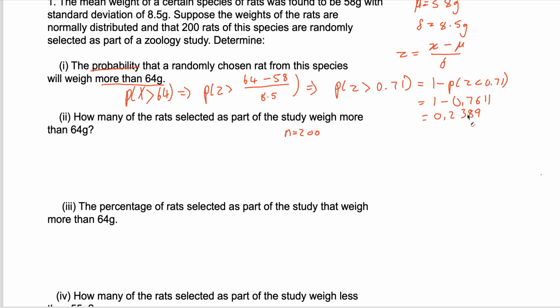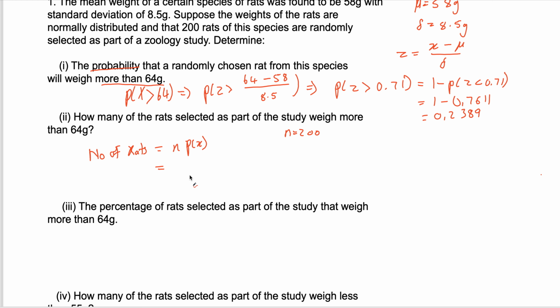So the number of rats equals n times P of X.